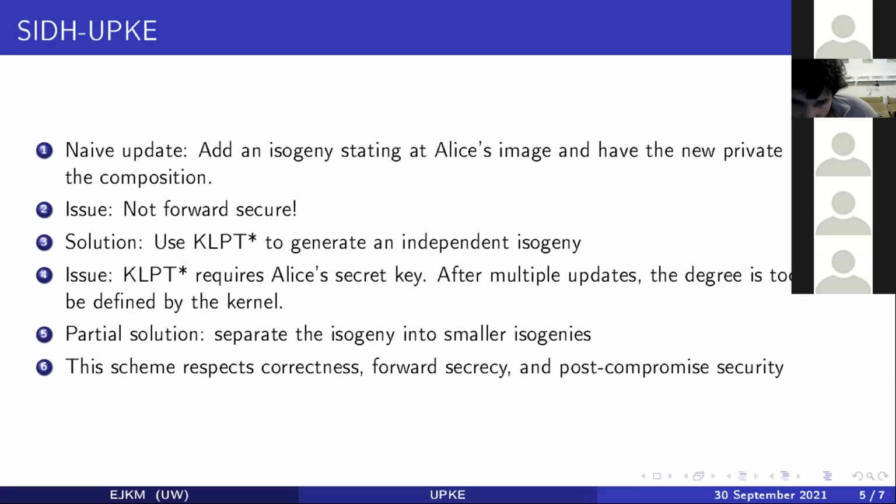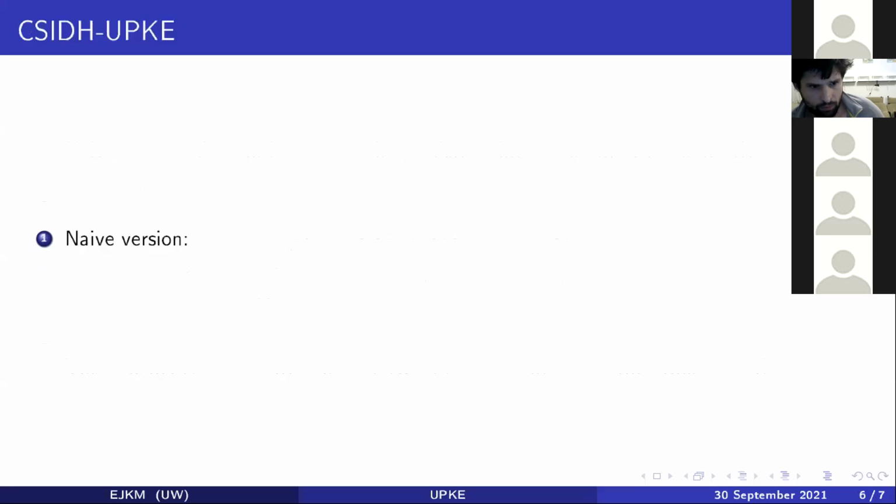So this scheme respects correctness, forward secrecy, and post-compromise security. However, because of KLPT star, we don't have asynchronicity. And because of the chain, we don't have key indistinguishability, as the number of elements in that chain gives away the number of updates.